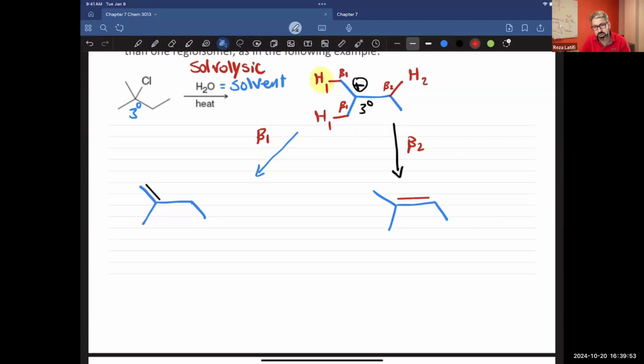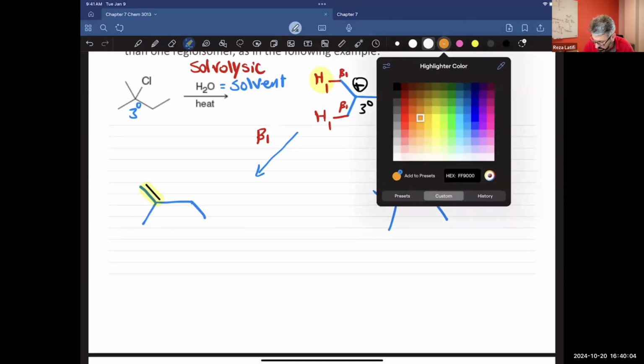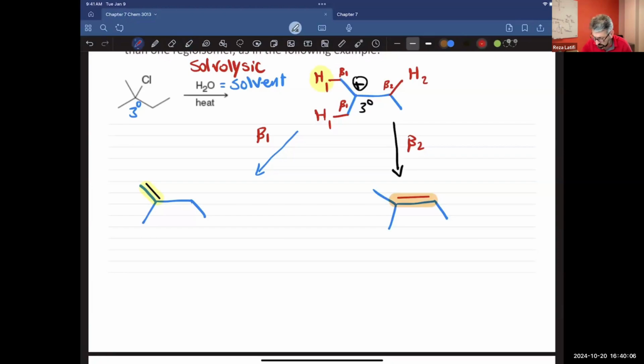Okay. The question is, which one of these is more stable? In the first one, we have a double bond with fewer substituents. The second one is a double bond with more substituents. So this one will be the Zaitsev product, while the first one will be the Hofmann product.